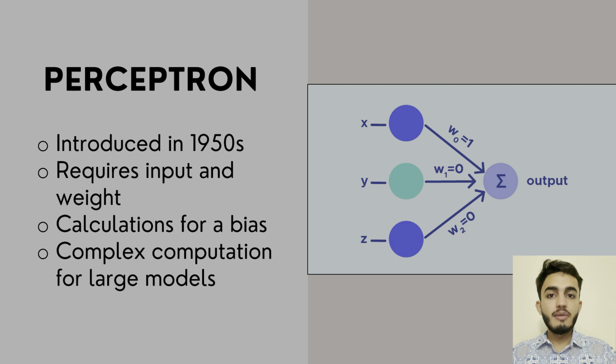The layer in between the input and the output contains certain nodes that have some weights assigned to them. Once an input is passed into the perceptron, a calculation is made for a particular bias. The calculated value is then compared to the value of the bias to decide if the neuron would be fired. In terms of computing, a perceptron is simply a layer of large matrix multiplications that have very complex multiplications for large AI models, that is, AI models that are trained on large amounts of data.